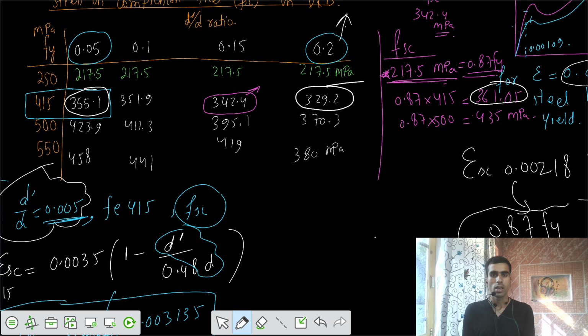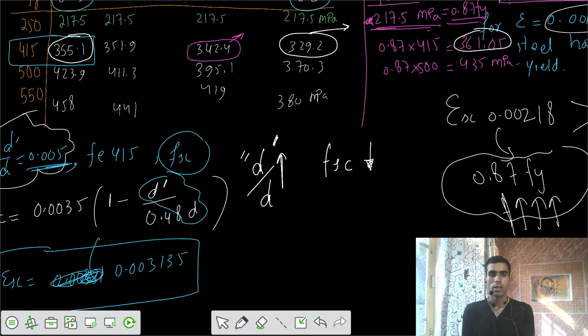It is decreasing as the ratio increases. So one conclusion is that as D dash by D increases, your FSC decreases. Now you can have a general view that your range for that FSC for my FE415 is going from 355 to 329, so a difference of 355 minus 329, that's 25 or so.